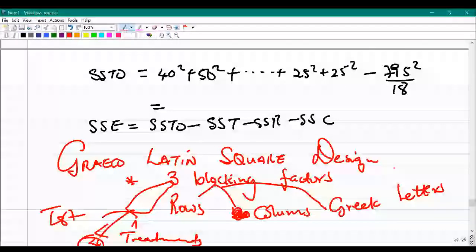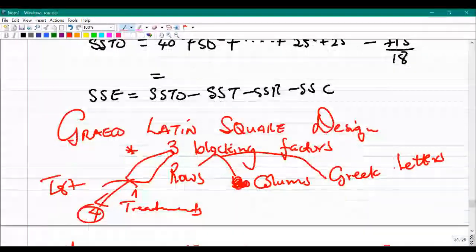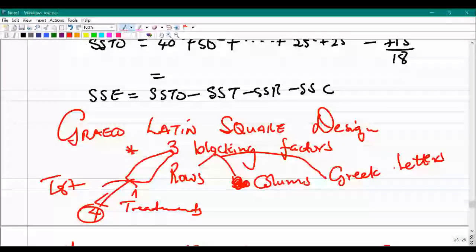So now, let's construct the ANOVA table. I introduced this one yesterday before we knocked off, but we're still coming to it now: the Graeco-Latin square design.